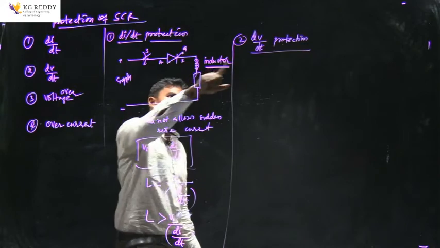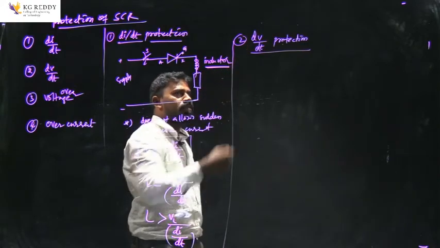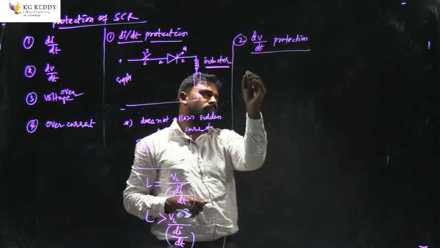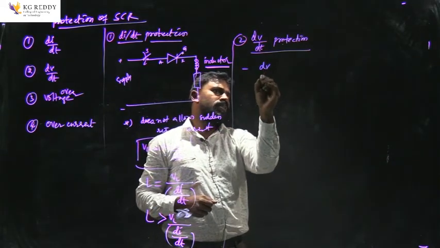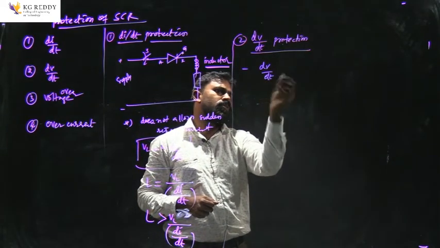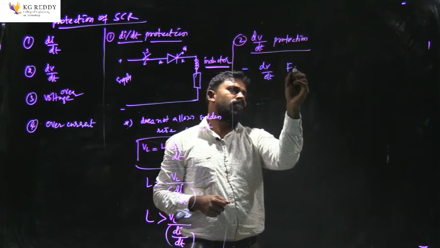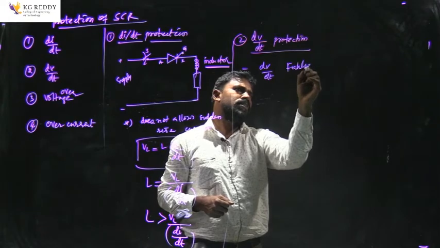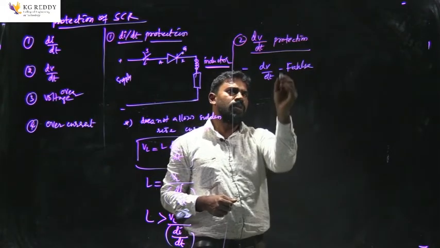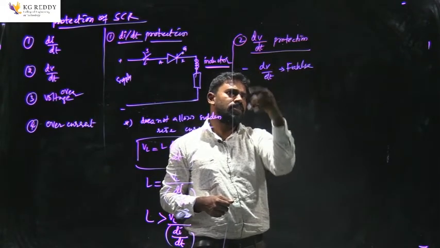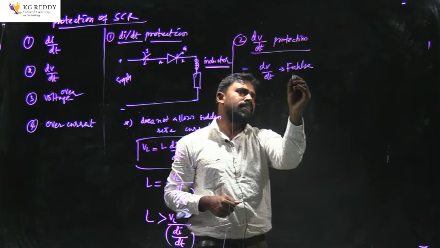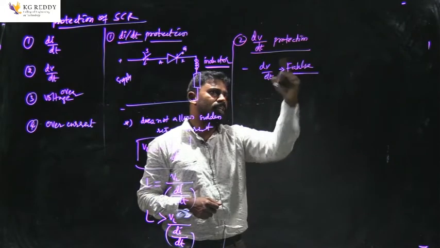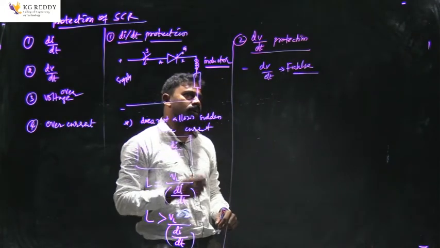What will happen when there is a sudden rise of voltage in the circuit? Due to this sudden rise of voltage, the SCR may trigger automatically. That we can call false triggering of the SCR.